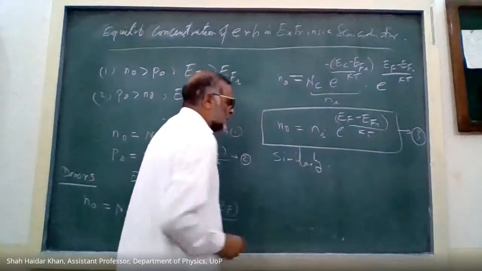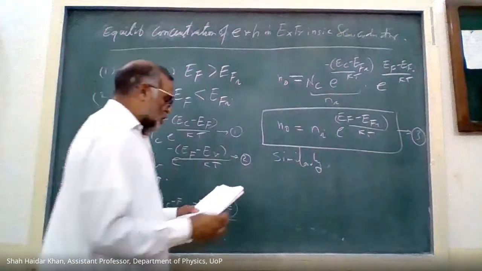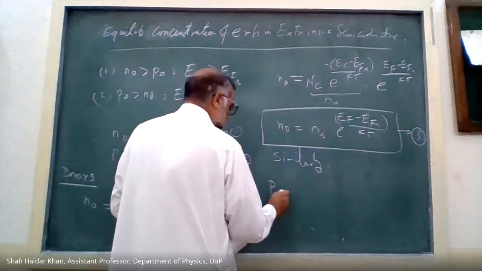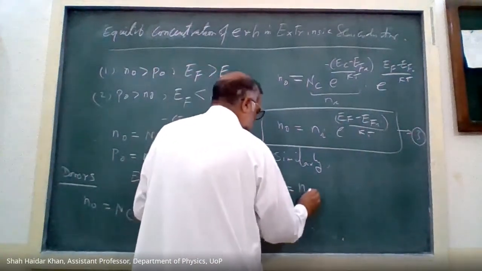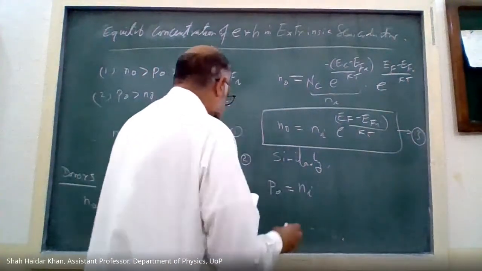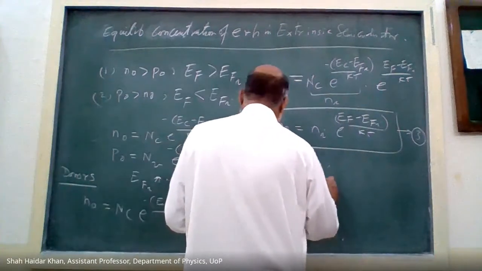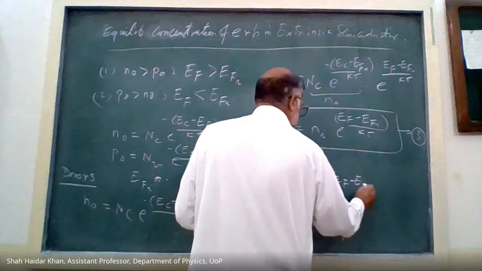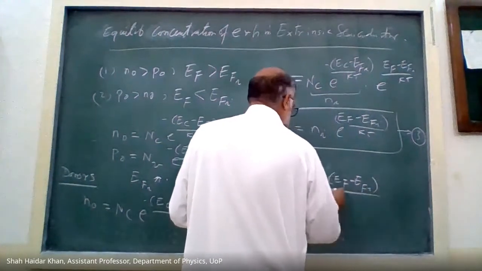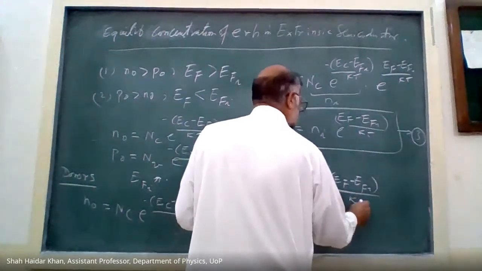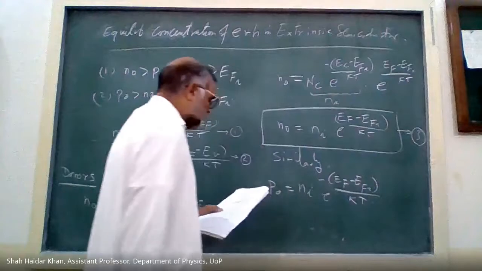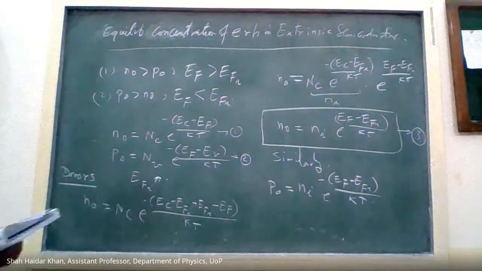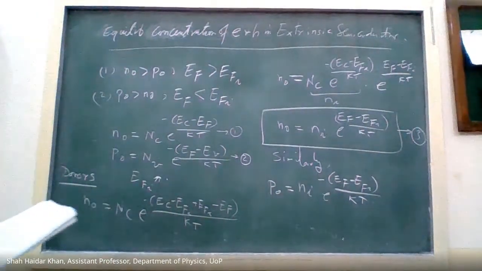Similarly, for holes, p naught is equal to ni e to the power minus (Ef minus EFi) over kT.